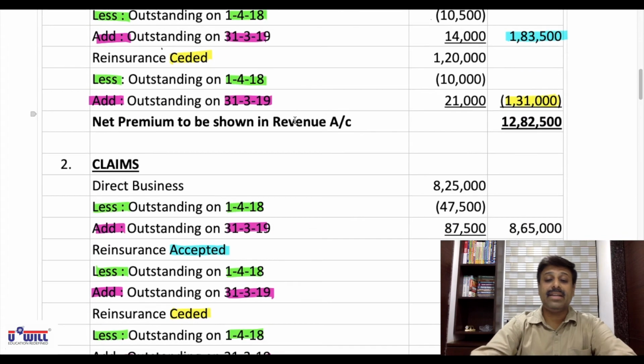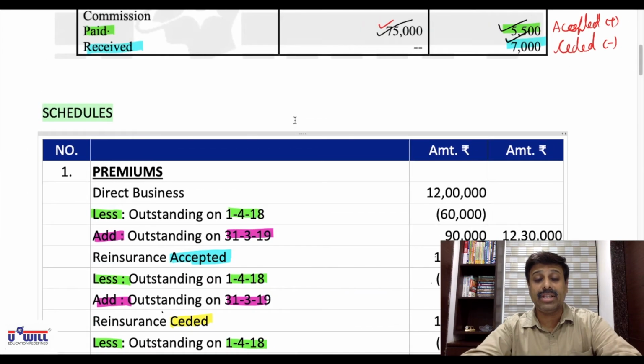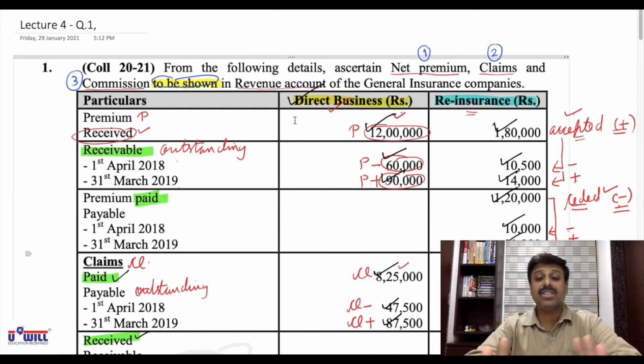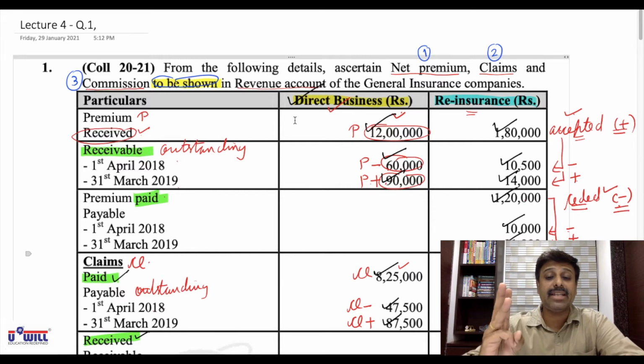I hope everyone is clear with how to make these schedules to be shown in the revenue account. Being the first question, we understood in detail 3 schedules: net premium, claims and commission.